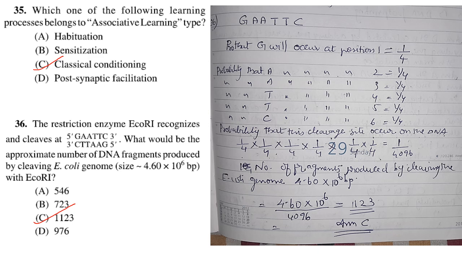The restriction enzyme EcoR1 recognizes and cleaves at GAATTC. What would be the approximate number of DNA fragments produced by cleaving E. coli genome of size 4.6 into 10 raised to 6 base pair with EcoR1? So GAATTC is the recognition site for the restriction enzyme EcoR1.